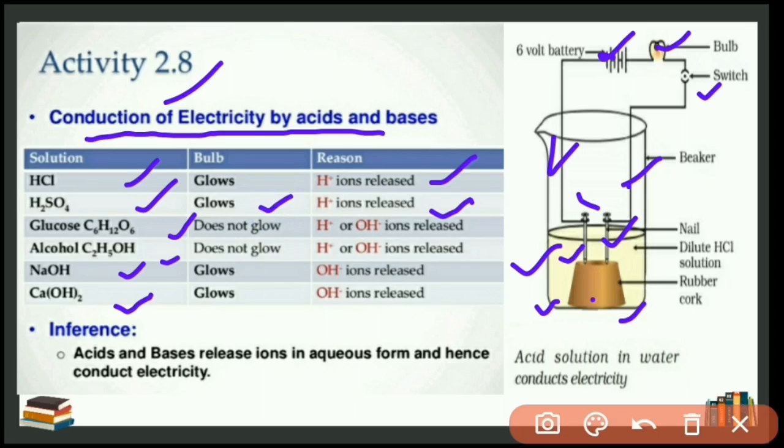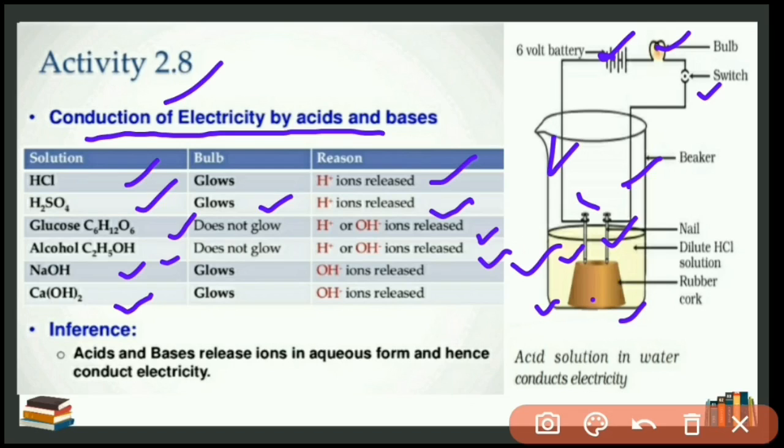When we add glucose, it does not dissociate into H plus and OH ions, so the bulb does not glow because of the absence of ions; electricity does not conduct. Next, when we pour alcohol in the beaker, alcohol also does not release H plus and OH ions, and therefore the bulb does not glow.